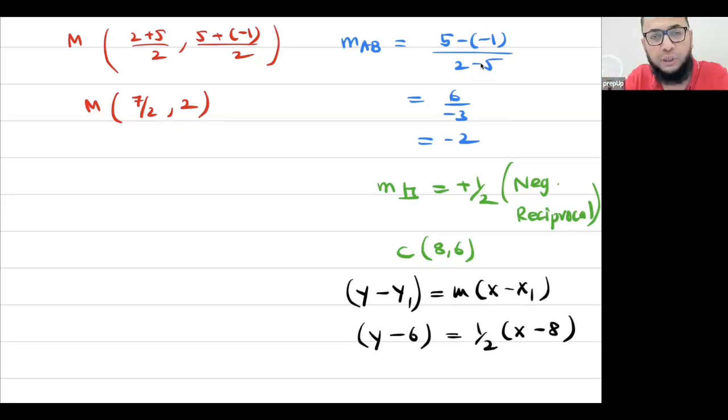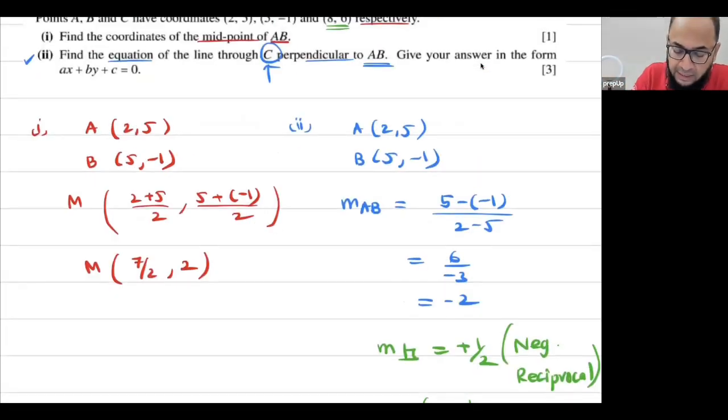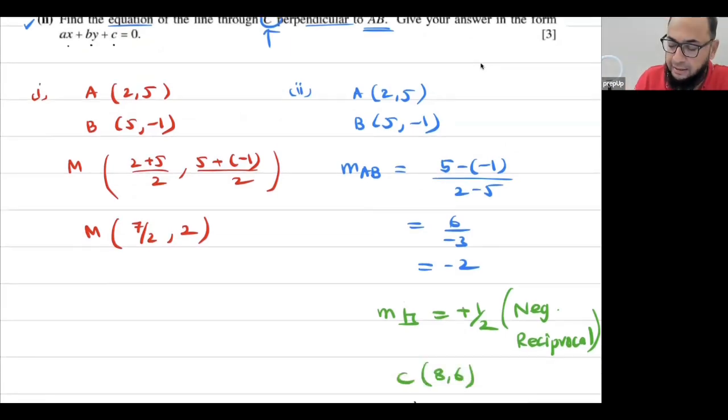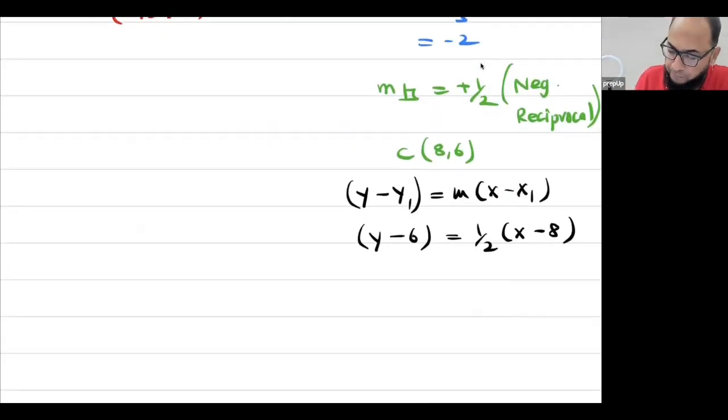Now over here, the equation is found, but it's asking for a particular form like we discussed in the second lecture. You want the x term, y term, constant all on the left hand side and the right hand side to be 0. So what we do is we multiply throughout by 2. 2y minus 12 is equal to x minus 8.